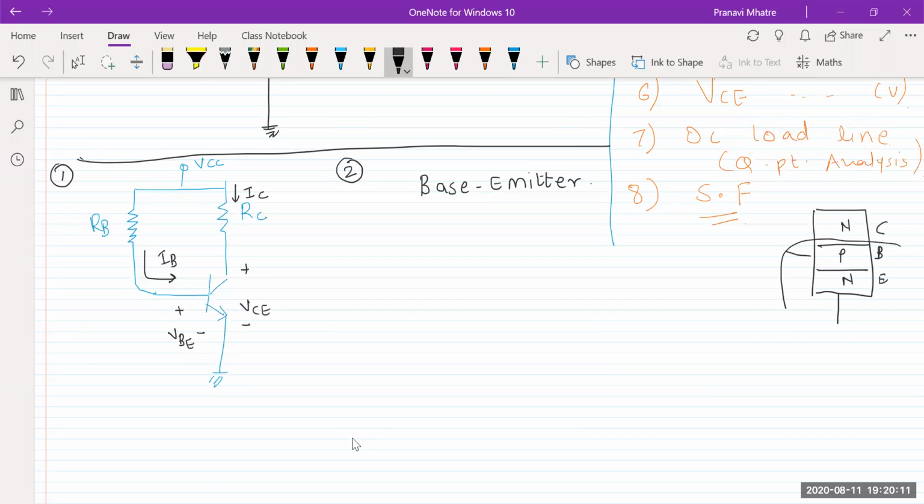We have considered this as a forward bias junction. When this is a forward bias junction, what is the current through it? That we are going to calculate as my IB. So I am treating this as a normal diode when studying the base emitter analysis.